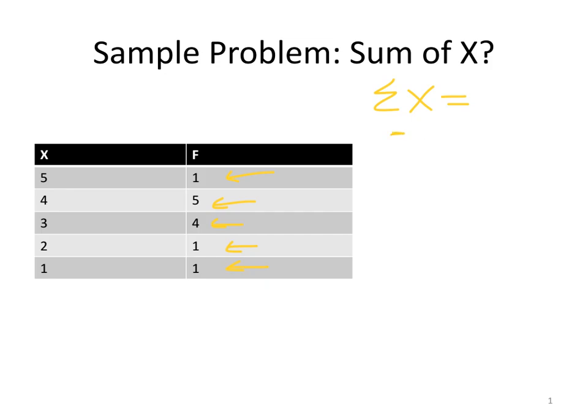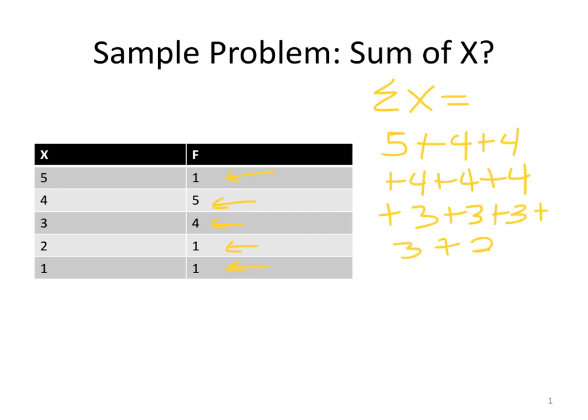So here what you would have to take into account is that you have 5 occurring once, but you have 4 occurring 5 times. You also have 3 occurring 4 times. You have 2 occurring once, and you have 1 occurring once.